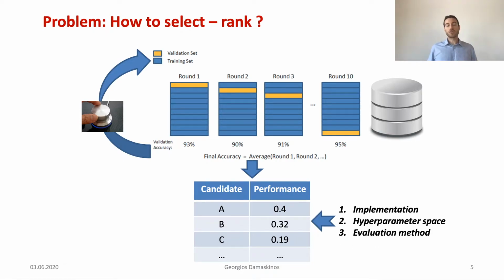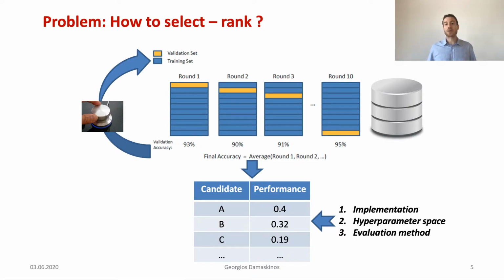An important thing to note here is that this ranking heavily depends on three factors. First, the implementation. We observed that even relatively simple algorithms and their implementation in two open source libraries produce substantially different sets of recommendations, due to some subtleties in the engineering details of the algorithms.